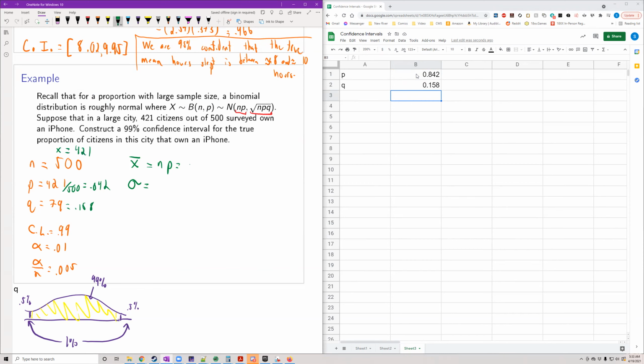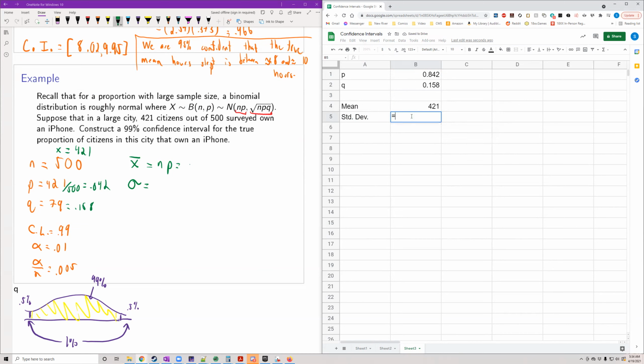If you would like, you can also record X to be 421. X is the number we counted that were successes. P is the proportion of those that are successes. So in this case, we need to calculate the mean and the standard deviation. The mean is equal to 500 times 0.842, which comes out to be 421.